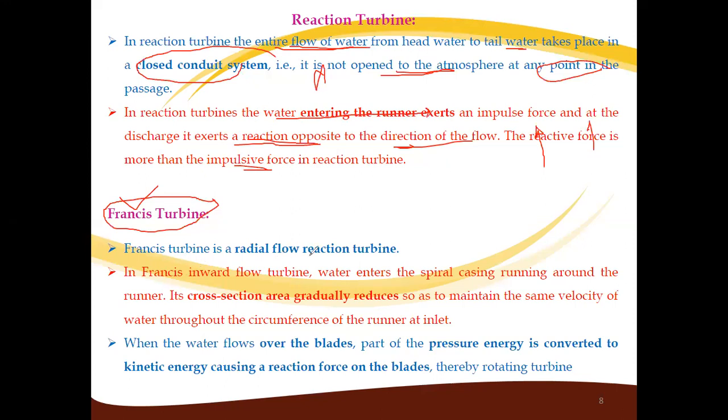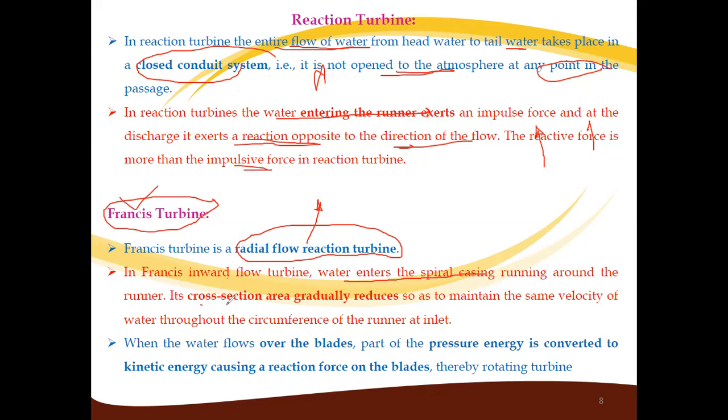So the Francis turbine is a radial flow type reaction turbine, and its principle is opposite to that of the centrifugal pump. In a Francis inward flow turbine, the water enters a spiral casing running around the runner.